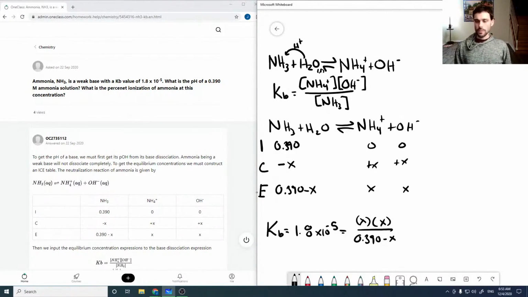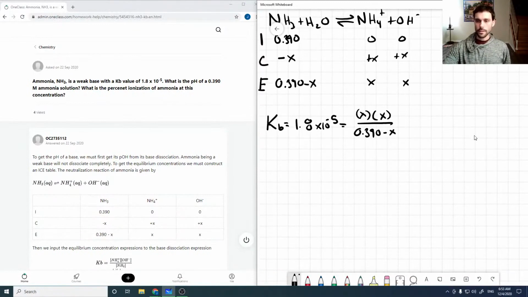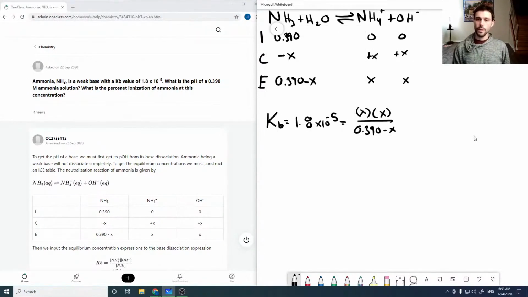So we're going to take one simplifying step here and say that because our Kb value is so small, 10 to the minus 5, it's quite likely that X is going to be small. And so this is approximately 0.390. And so what this comes out to is 1.8 times 10 to the minus 5 is equal to X squared over 0.390.